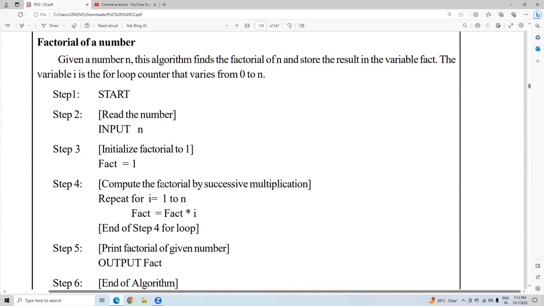And now there is factorial of a number. Factorial of a number means what? If there is a number 5, its factorial is 5 into 4 into 3 into 2 into 1, right? So how to calculate the product of that? We read number input n, initialize factorial to 1. The output variable factorial must be initialized to 1. Then compute the factorial by successive multiplication. How? There is a for loop they have given in general.